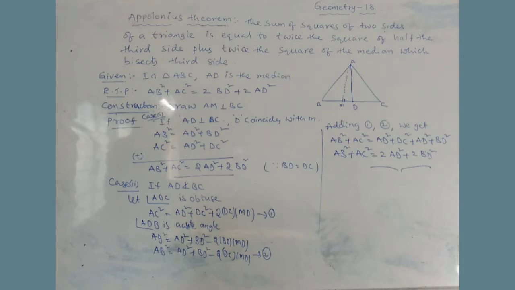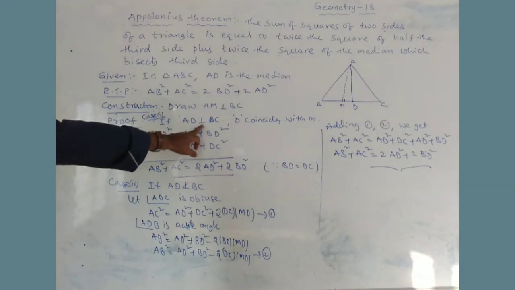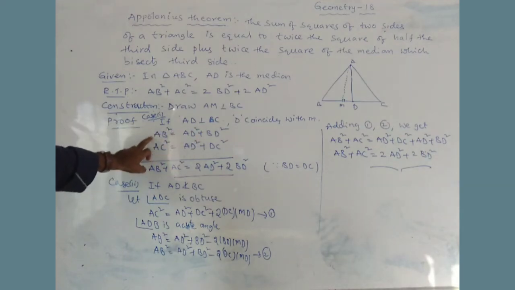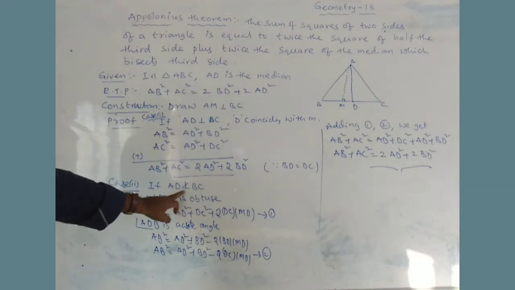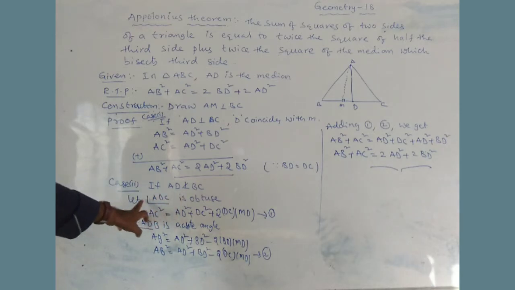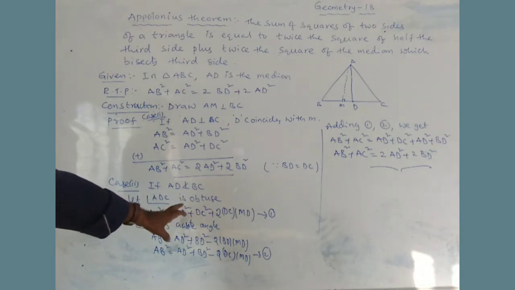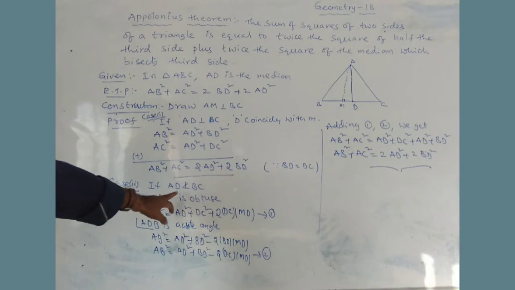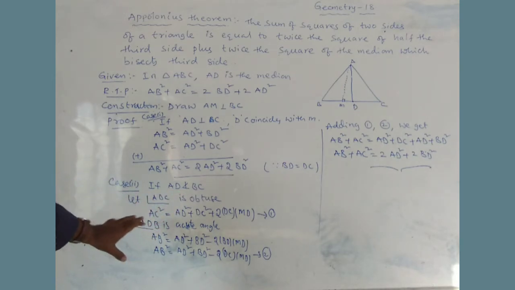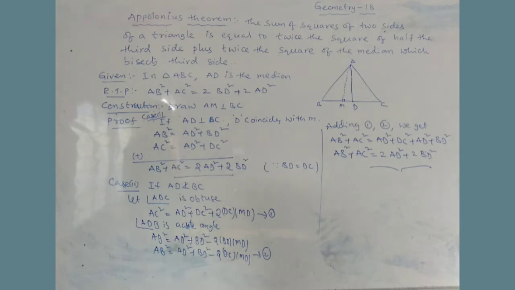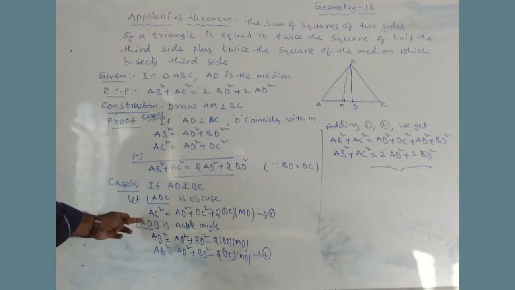So very simple. When it is perpendicular we use Pythagoras theorem, and when it is not perpendicular, it can be acute or obtuse, I mean when it is not exactly 90 degrees, it can be less than 90 or more than 90. According to those applications, we can write like this.